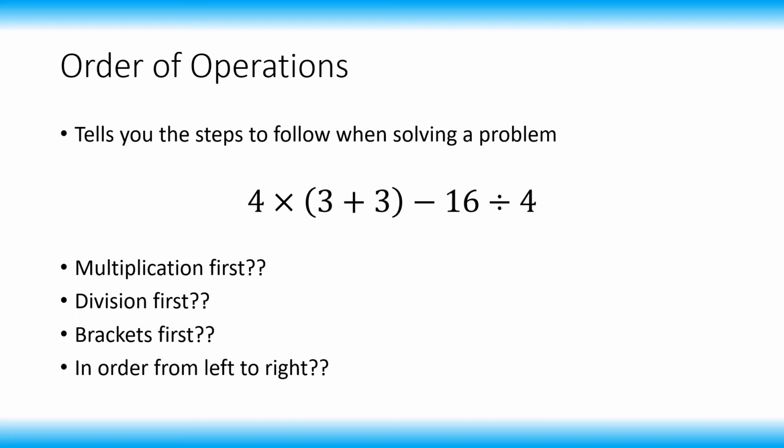So the idea here is that if you're just looking at the equation that we see on the screen, we need to know what we're supposed to do first. What does it mean if you have an operation like the addition that's there in brackets? What does it mean if you've got an exponent, which we don't see in this problem?